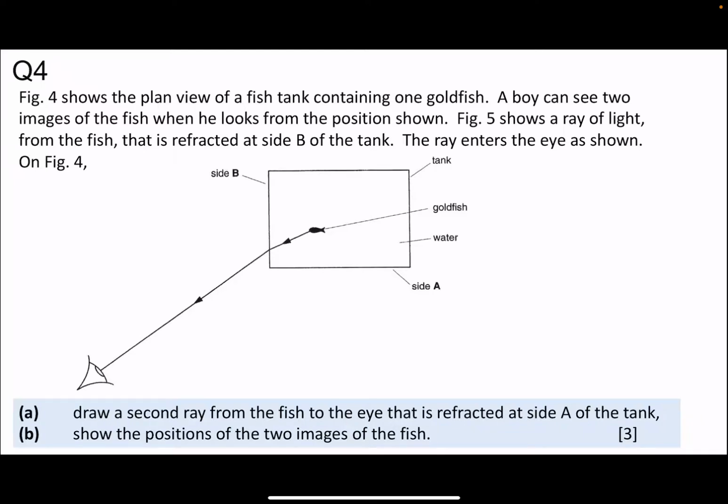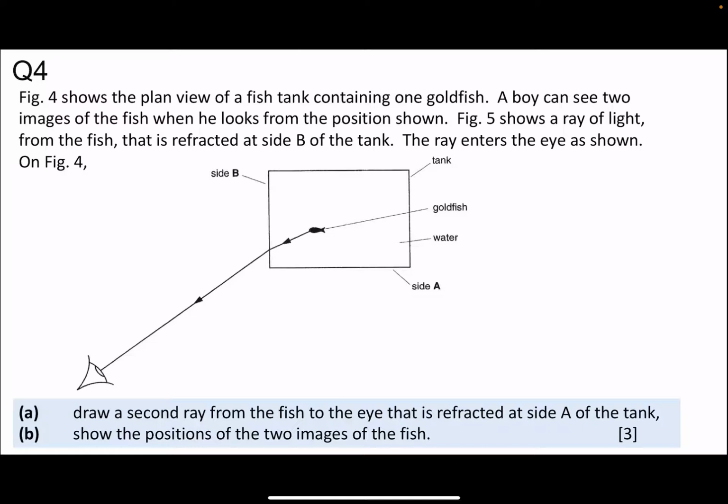Question 4 shows the plan view of a fish tank containing one goldfish. A boy sees two images of the fish when he looks from the position shown. Figure 5 shows a ray of light from the fish that is refracted at side B of the tank.